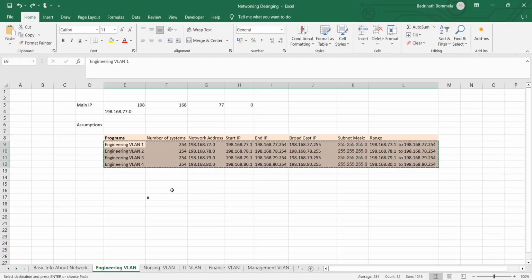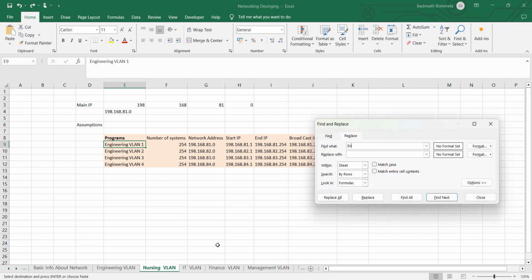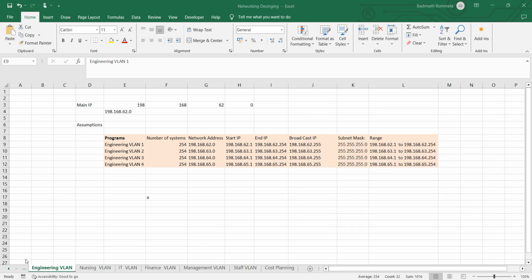Next, this is related to engineering. Open this one. Oh my god, I didn't update this. Okay, I will do that. This is Control H. So what I wanted to do is copy all the values, whichever you click, A or B, you will get some randomized values.